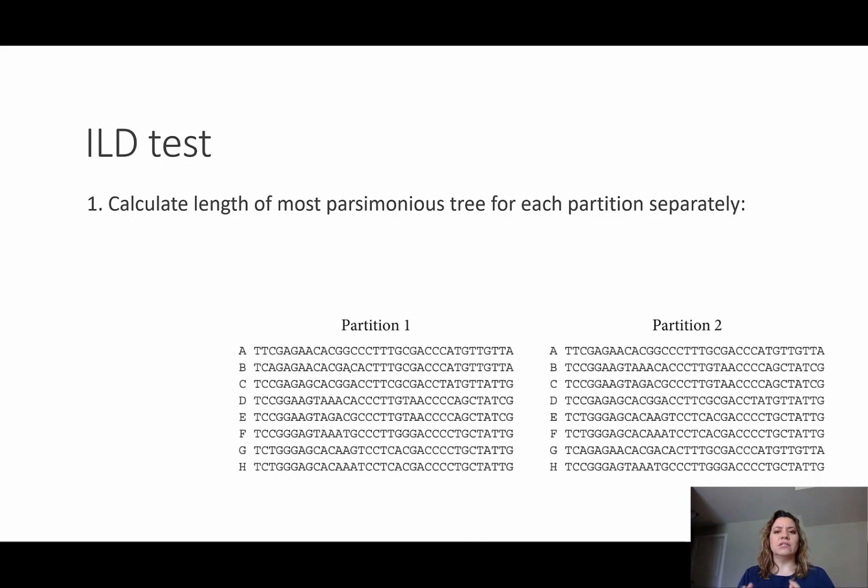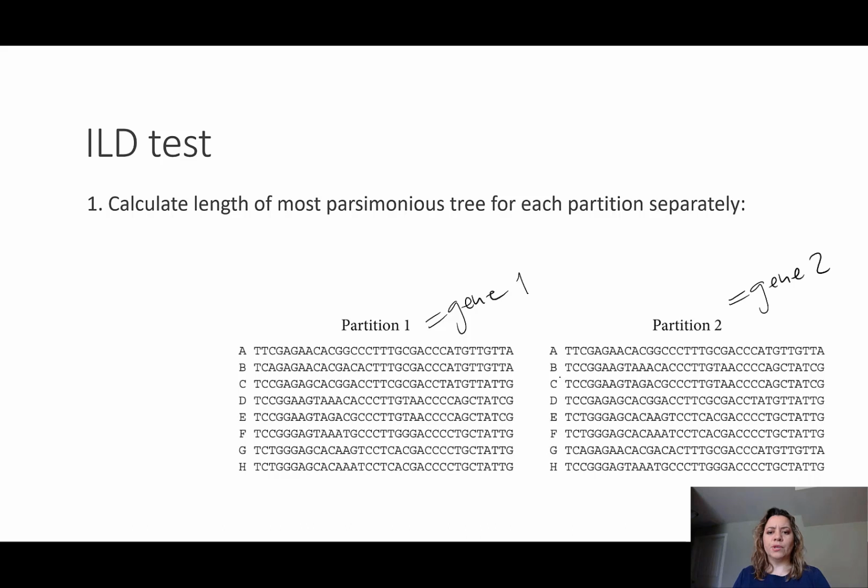So the ILD test starts with you run your analyses of your two partitions separately. They are not combined. We tend not to combine right off the bat. So partition 1 is, say, some kind of gene that you are interested in studying or that you somehow sequenced. So this is gene 1, and then partition 2 is going to be gene 2.